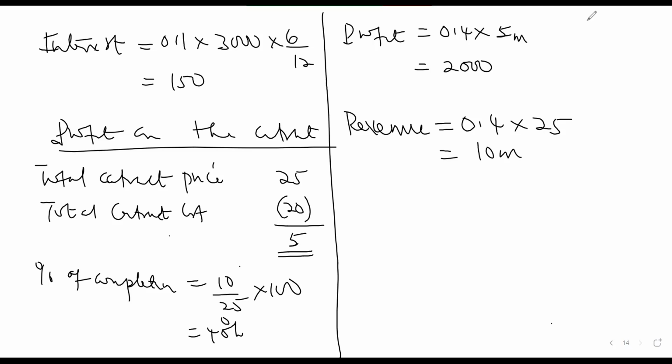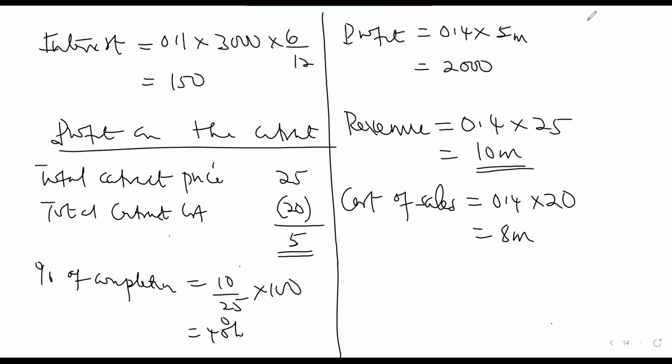So the company will recognize a revenue of 10 million and a cost of sales of 0.4 times the total cost that you will be incurring. So the total cost is 20 million and you have done 40%. What should have been the cost that you should have incurred on the work? That will be 8 million.